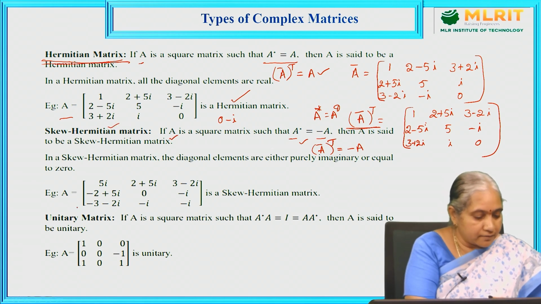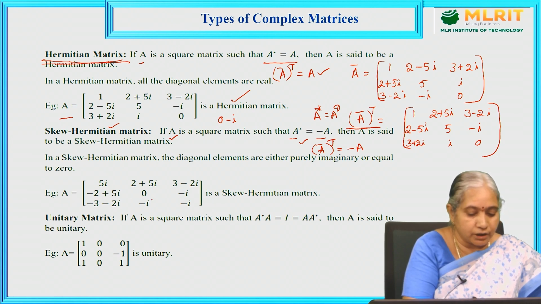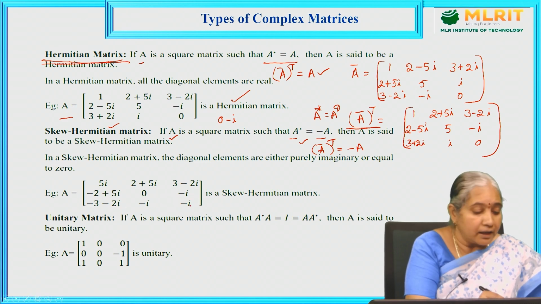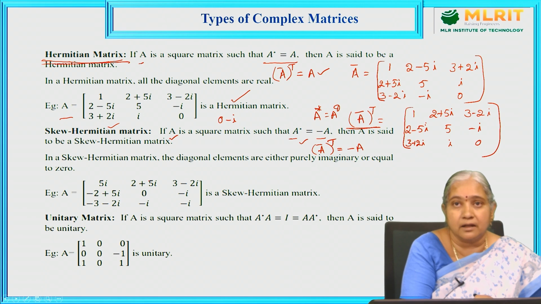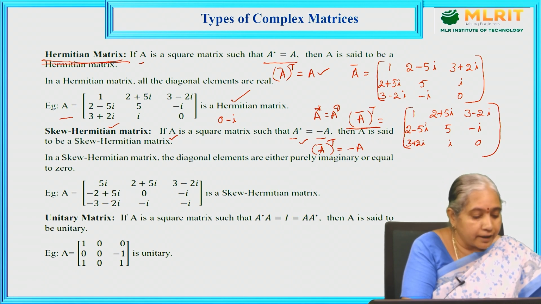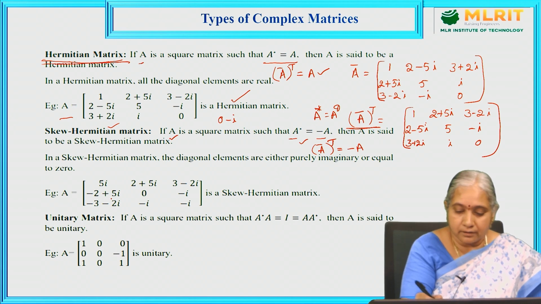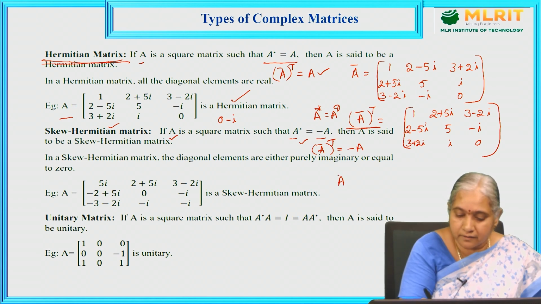Now we take an example. A equal to 5i, 2 plus 5i, 3 minus 2i, minus 2 plus 5i, 0, minus i, minus 3 minus 2i, minus i, minus i. This matrix contains complex elements, so this is a complex matrix. First we find the conjugate of the given matrix, A bar.